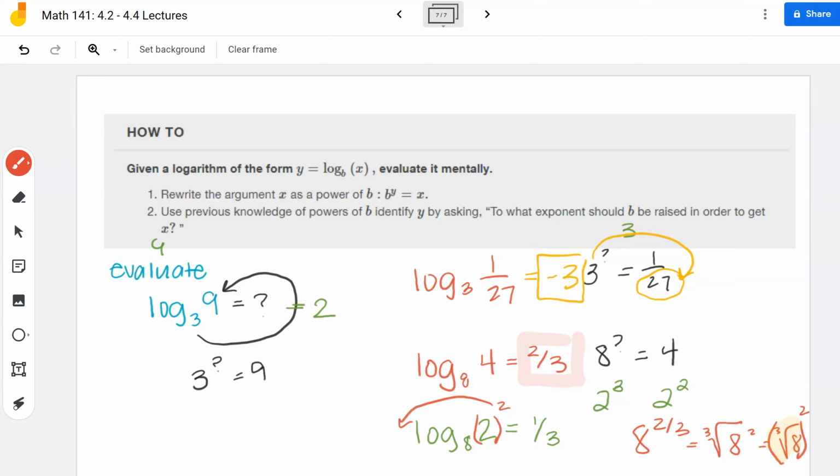We can get there with exponent rules later, or we can reason through it by thinking about how to manipulate that 8. So that's evaluating a logarithm. It really doesn't get any more exciting than that. I'll do one more video to introduce the common log and the natural log, and we'll be done with 4.3.